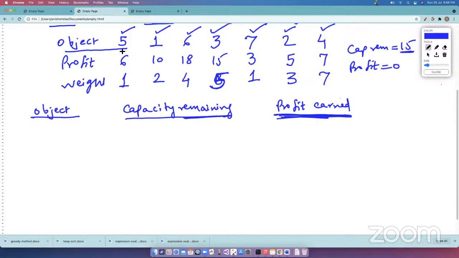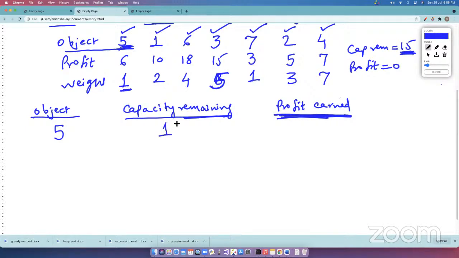Now you see, the fifth object is your favorite, greedily selected because it has highest profit by weight. So you are adding object number 5. It has weight 1, which means in your bag you are filling an object with weight 1 kg. The earlier capacity was 15, but you have already added weight 1.